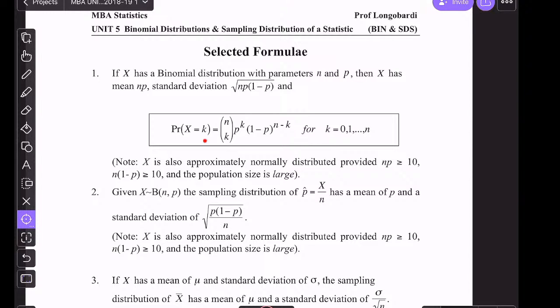So I'm going to ask you now, what is k? What does k mean? No, n is the trials. p is the probability of a success on any trial.